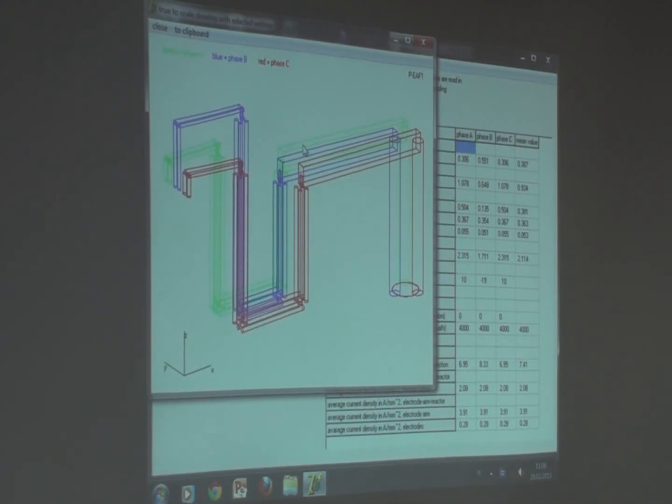And it may be that in one phase you have too much power and you are destroying the wall. We say this is the hot phase. And in the other, we have not enough power. This is a cold phase, hot and cold phase.